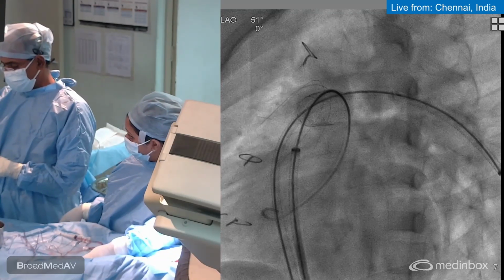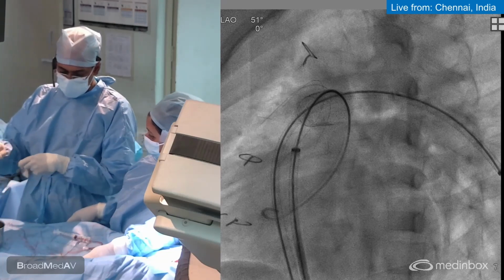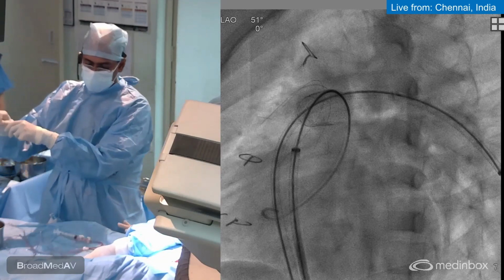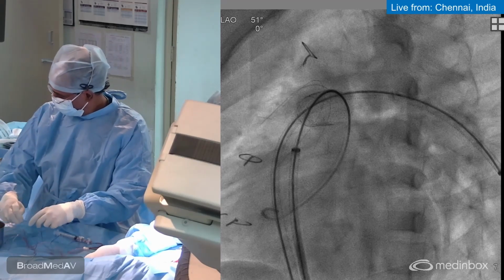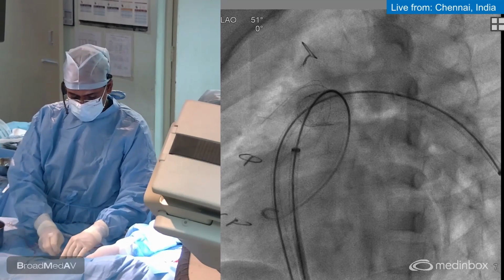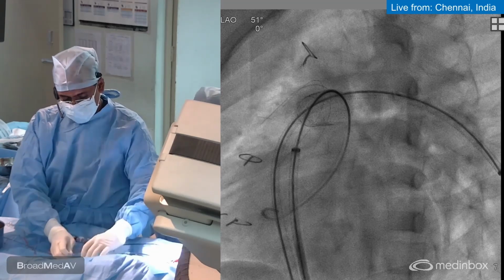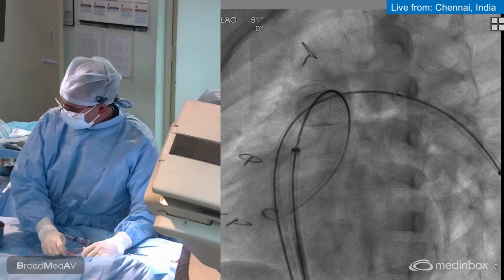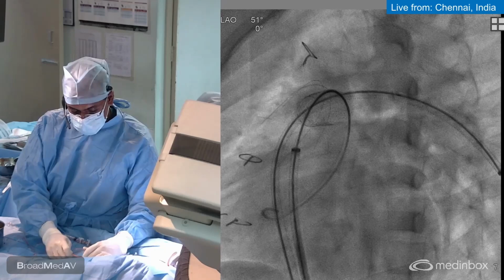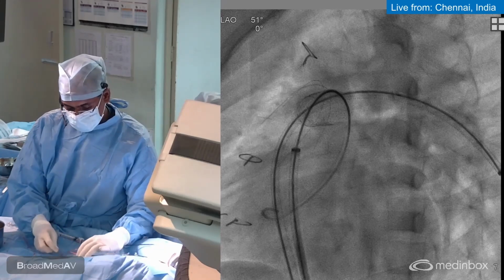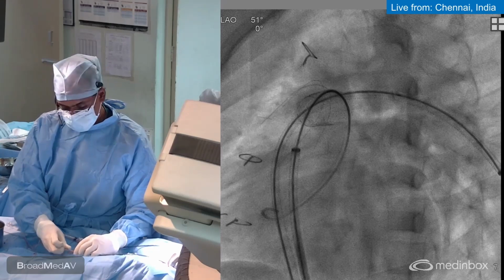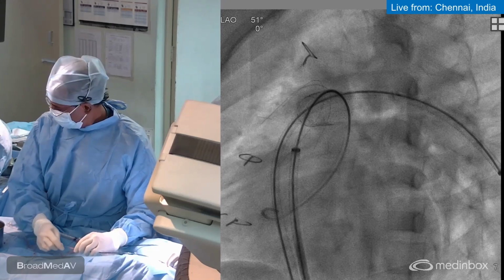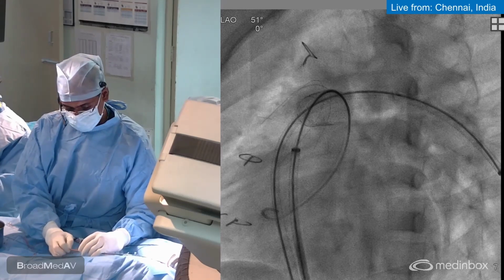So this is an 8 millimeter diameter, 30 millimeter long stent, no inflation. Again with the protective sleeve we are going in. Advancing the stent.